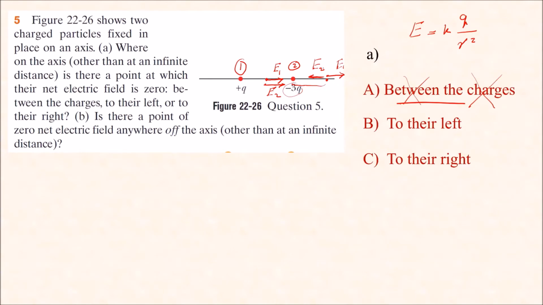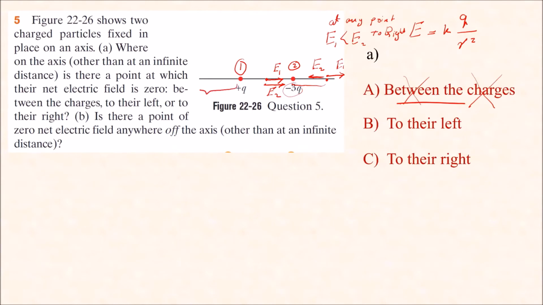So E2 is always larger than E1. The smaller charge is farther away, so it creates a smaller electric field. So E1 is less than E2 at any point to the right. No matter what distance you take, one of them is always larger than the other. There's no way they can cancel each other, even though they are in opposite directions.